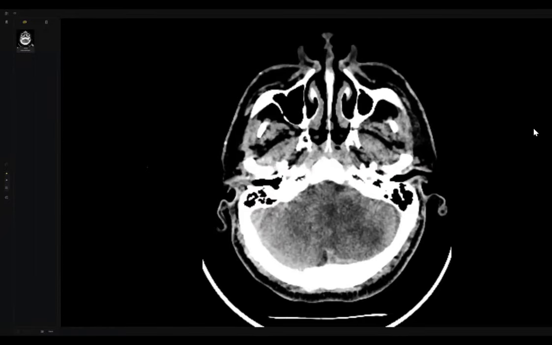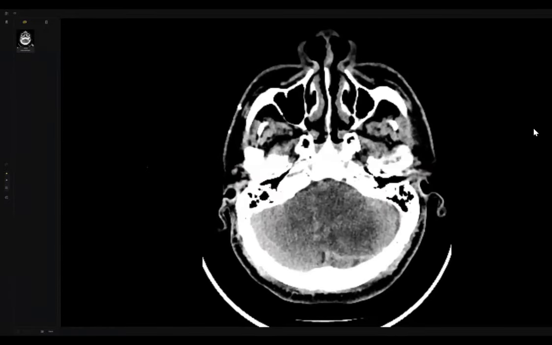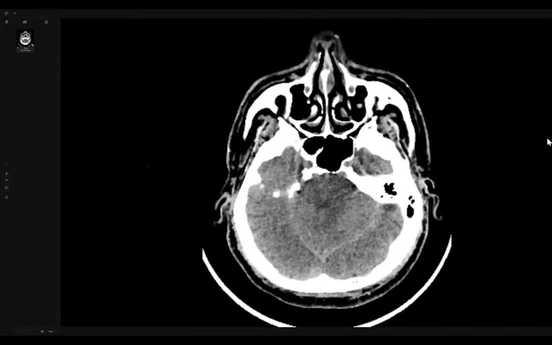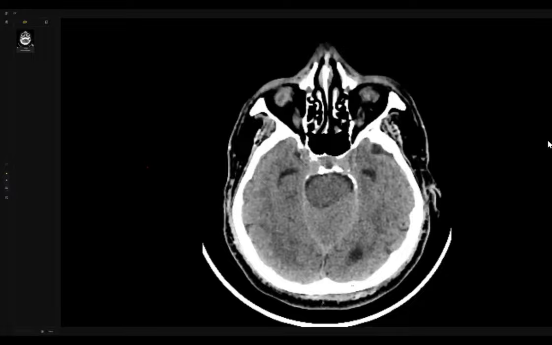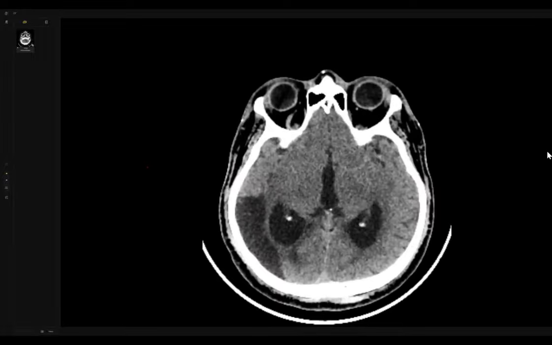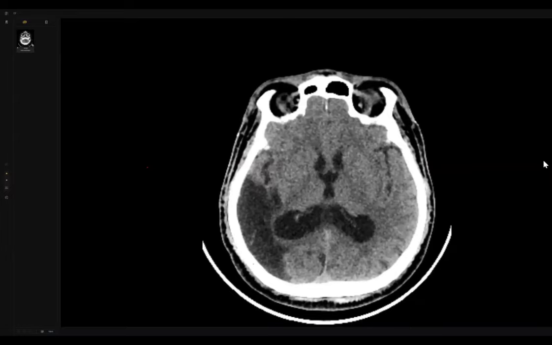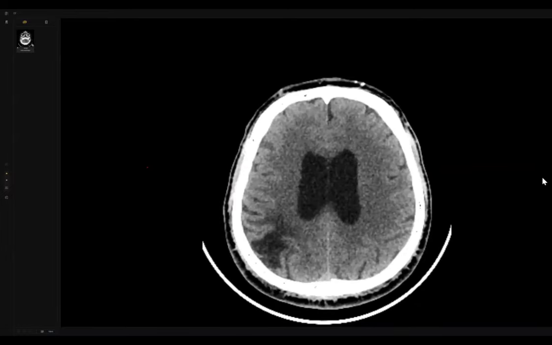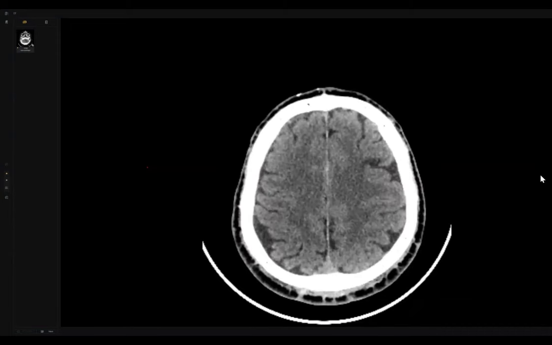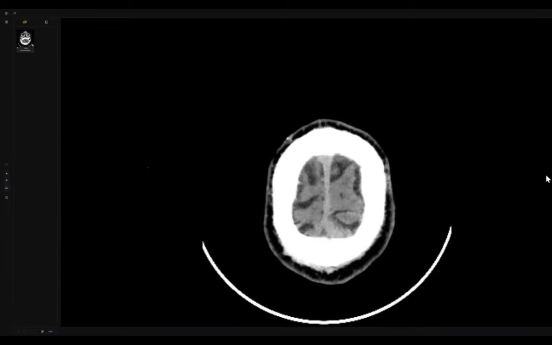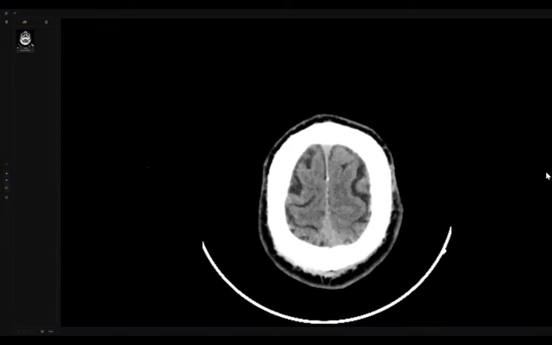Okay, I have been presented with axial CT images of the brain of a patient who presented with a complaint of headache. I'm going to the cranial part then. I have been scrolling from top to bottom.